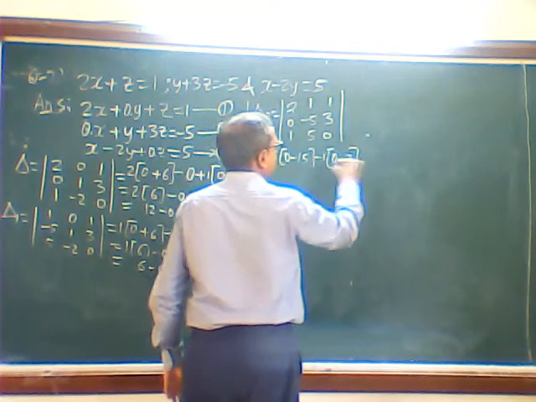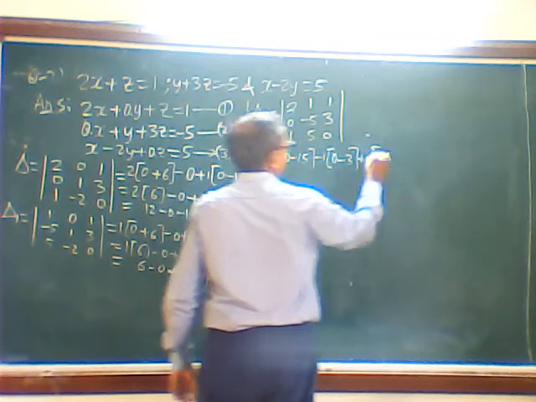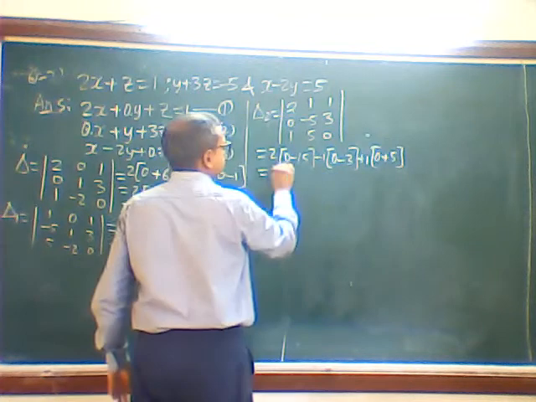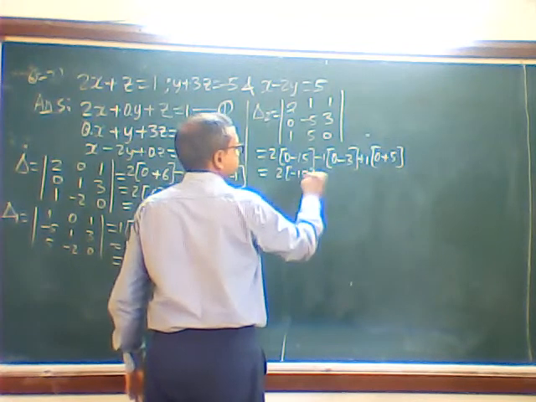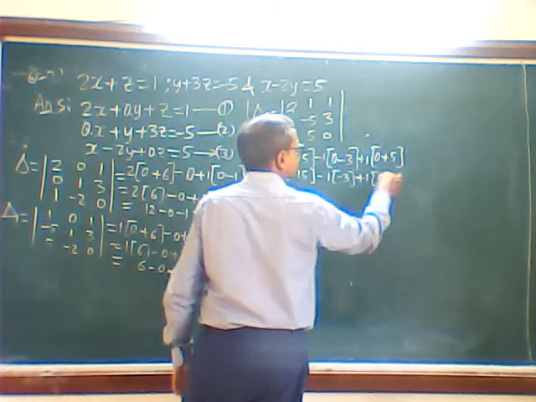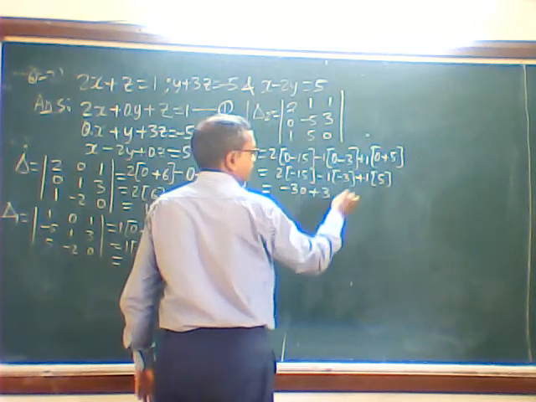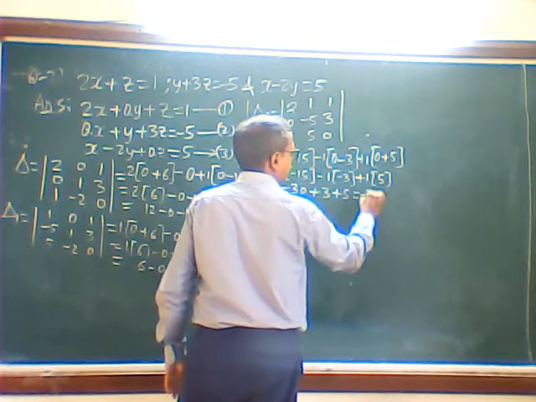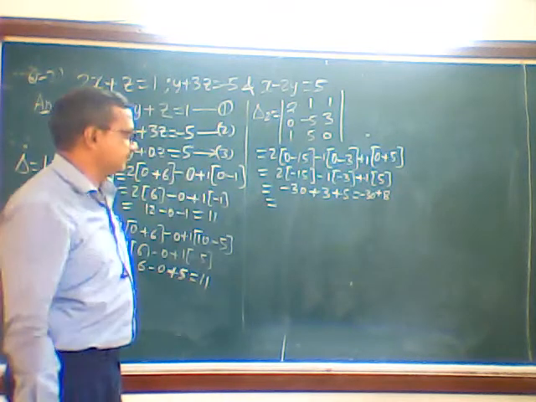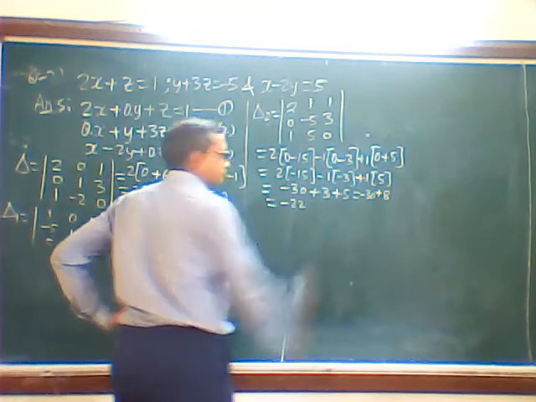Minus 3. Plus 1. Minus 30 plus 3 plus 5. So minus 30 plus 8 will be minus 22.